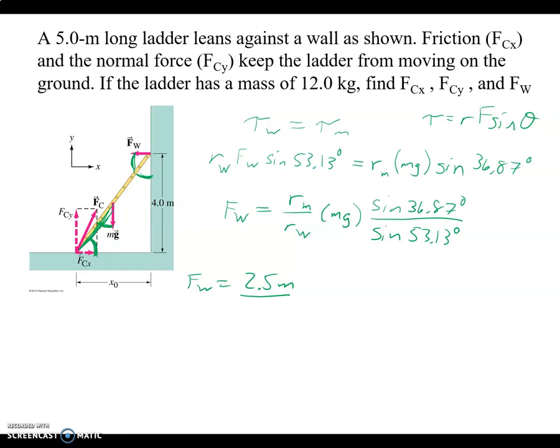R_W would be the distance all the way up here to where force F_W is applied. So that would be my full 5 meters. Times the mass of the ladder times g, in meters per second squared, times the ratio of these two sine functions.